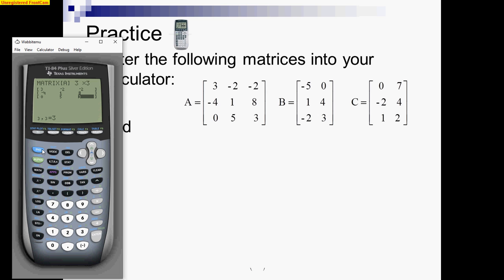So I have to back out of this and do second matrix, arrow, arrow, edit, and hit 2 to enter matrix B. Matrix B is a 3 by 2.